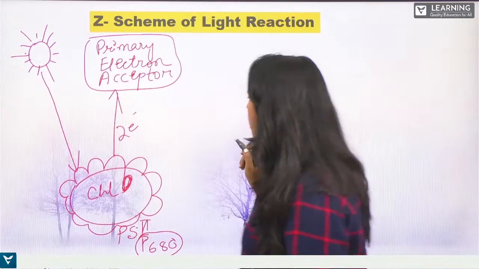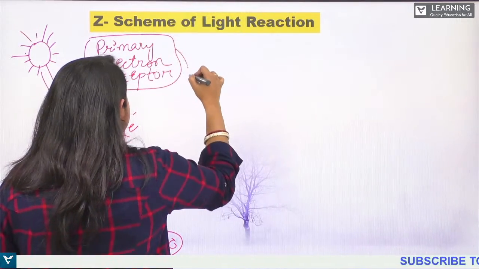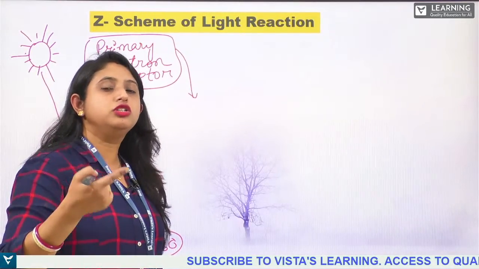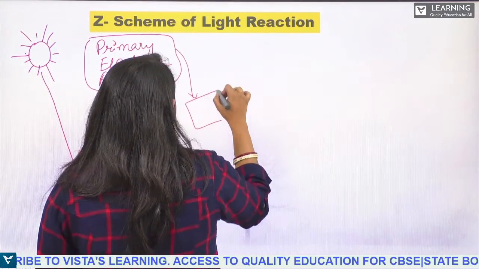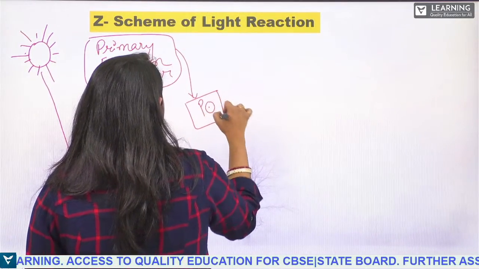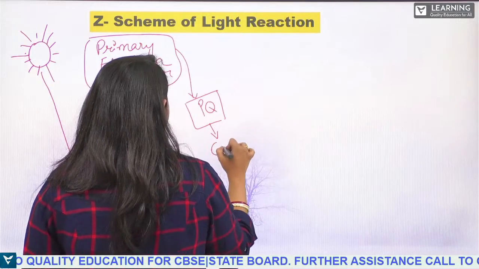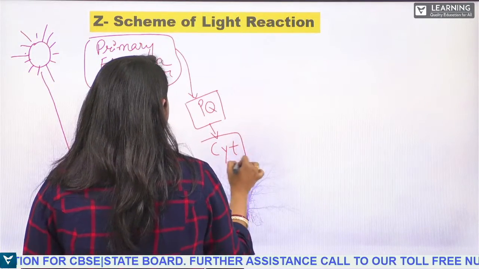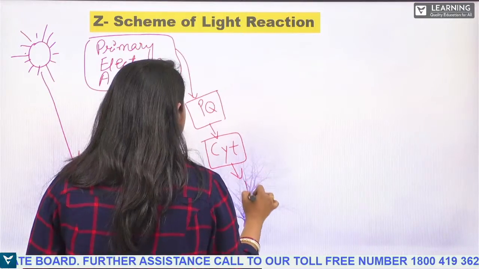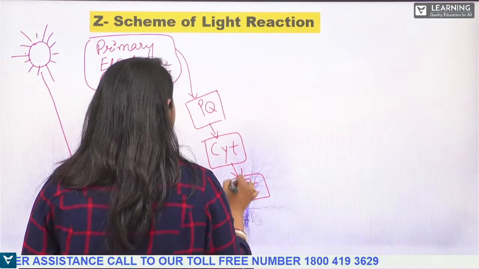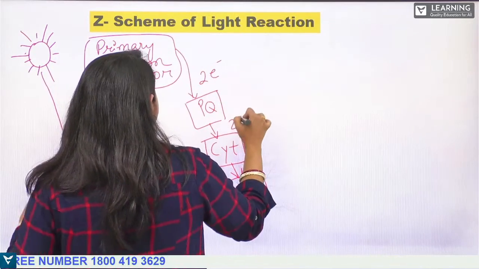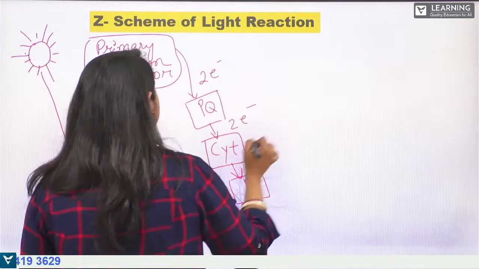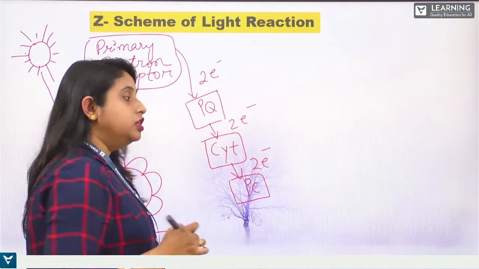Then through a series of reactions, the electron is transported through the various protein complexes. So here plastoquinone, then cytochrome, then next plastocyanine is present here, right? So again the electrons are being sent through this electron transport chain.